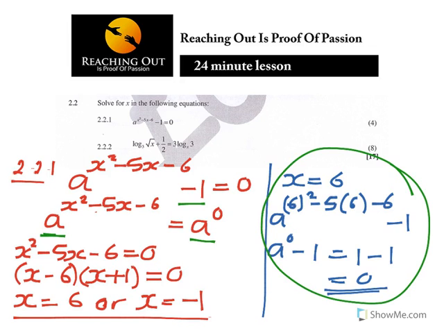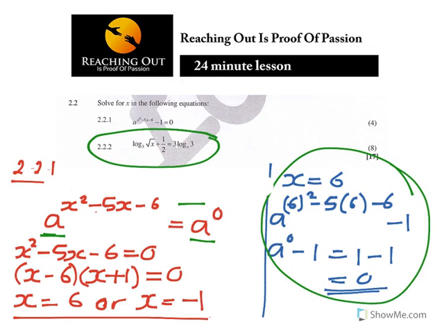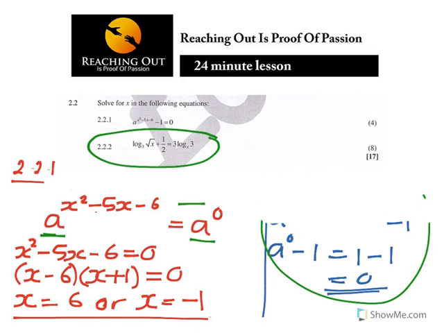Now the next question we're going to look at is question number 2.2. Looking at the number of marks, it has got 8 marks, so you've got good marks there.